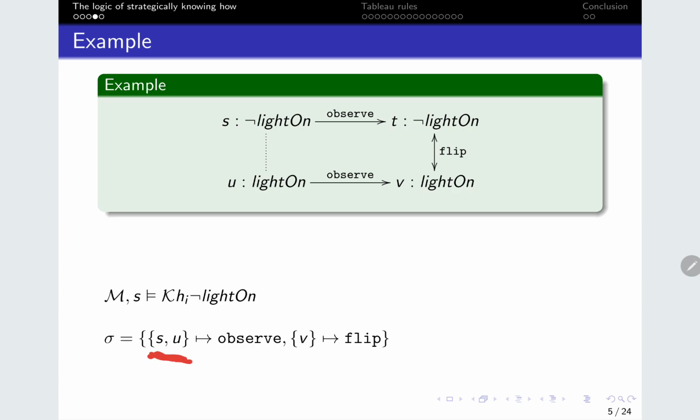In the belief state of s, the agent can do the action observe, and on the belief state of v, the agent can do the action flip. This gives all the complete executions of the strategy sigma. We can see that all the complete executions will terminate on the belief state t, and on the state t, the light is off is true.